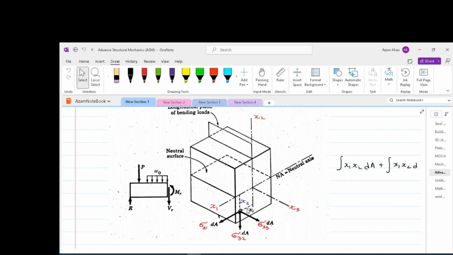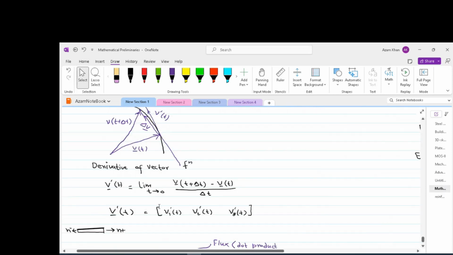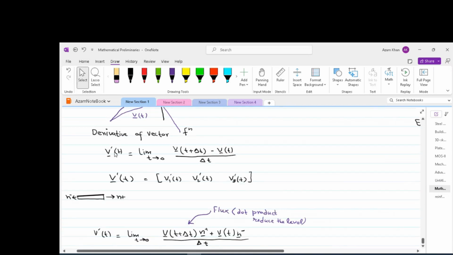Therefore, it makes sense to multiply our function with another vector which is the normal. In both stress and strain, the outward drawn normal of the surface of interest is very important. So in our definition of the vector differential, we will introduce the concept of normals.